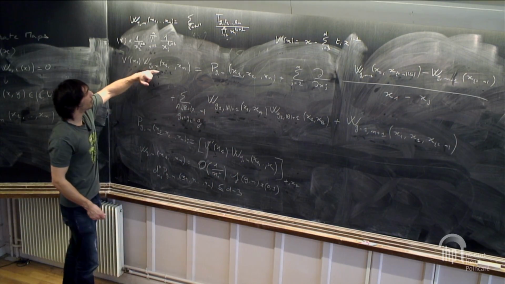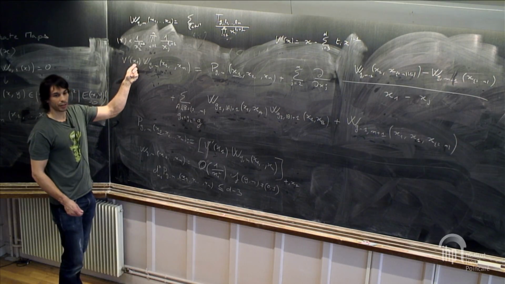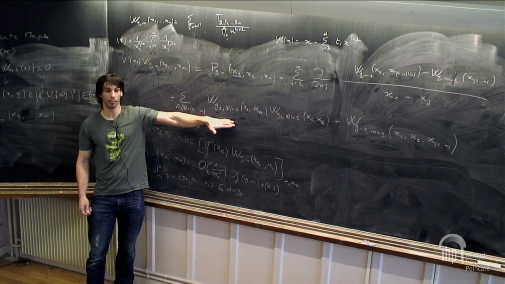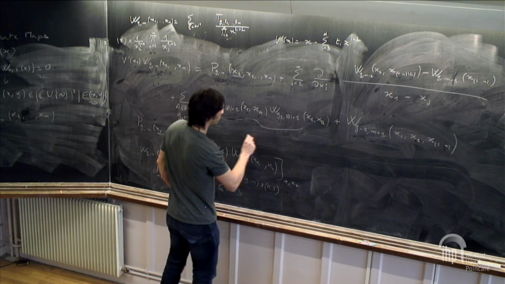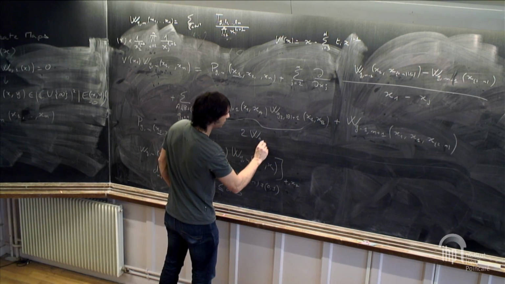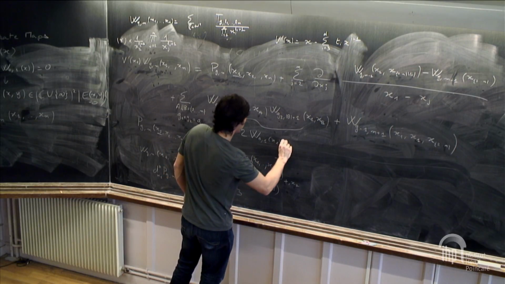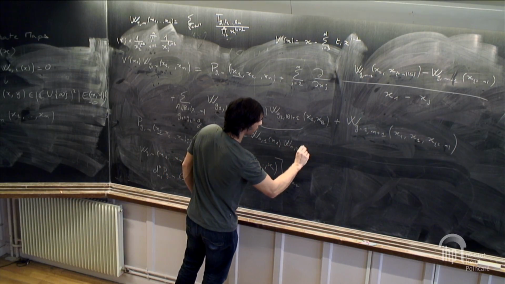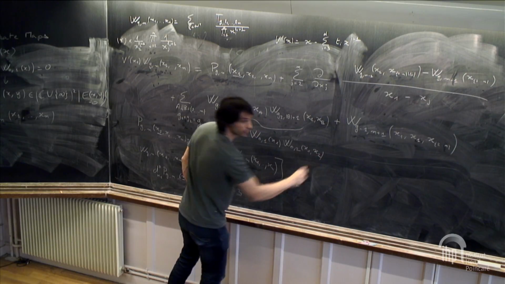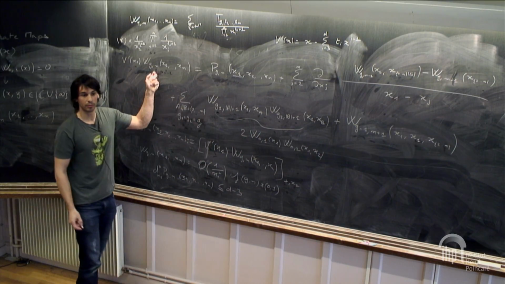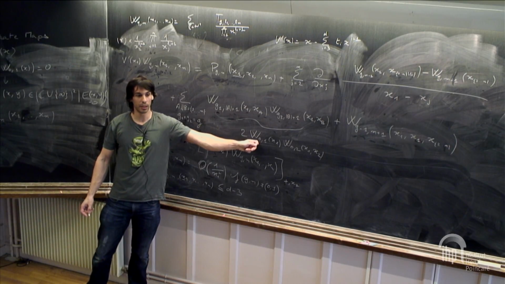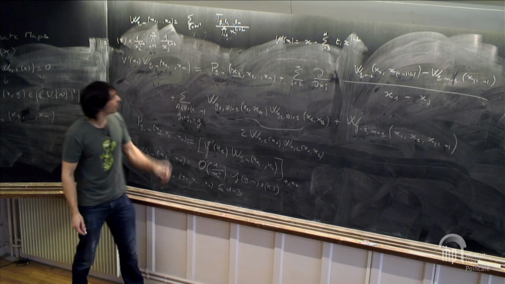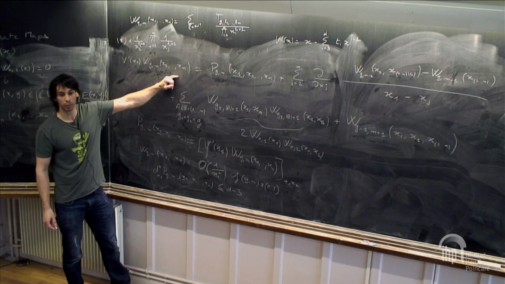So I get W_{0,2} times v prime of x1, minus the contribution coming from there, minus 2 times W_{0,1} of x1 times W_{0,2} of x1, x2. I put it on the other side, and I get v prime of x1 minus 2 W_{0,1} of x1, a factor of W_{0,2} of x1, x2.